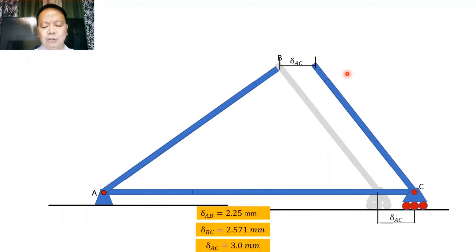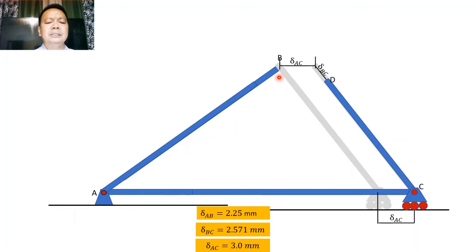Let us show that deformation here, imagining the deformation of that magnitude. Here is our deformation of BC, whose magnitude is 2.571, and let us imagine that the end after BC has shortened be called point D.